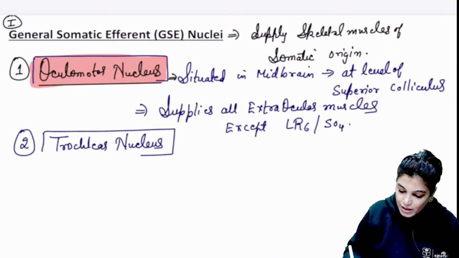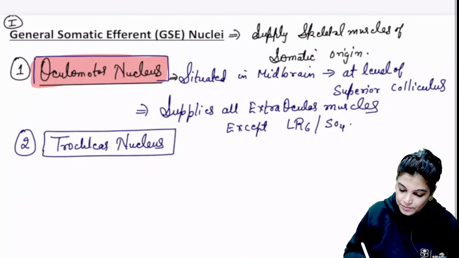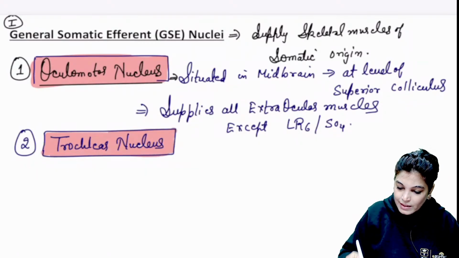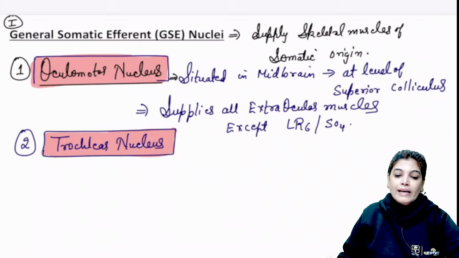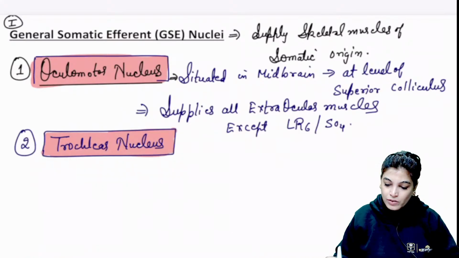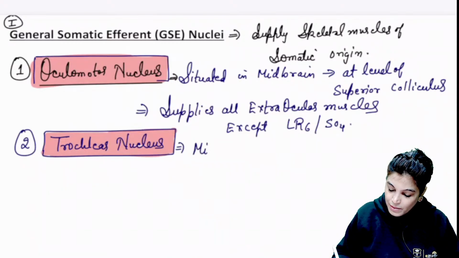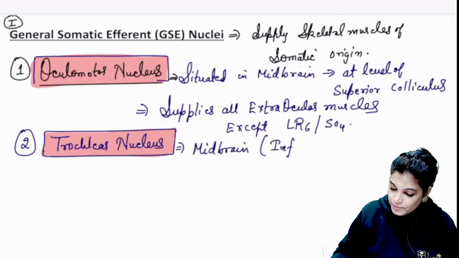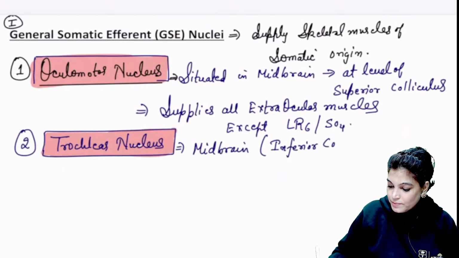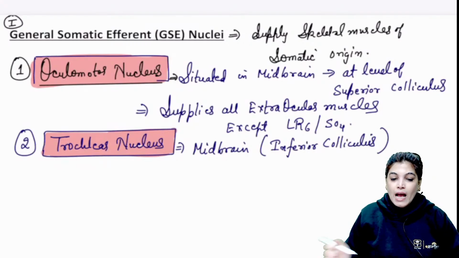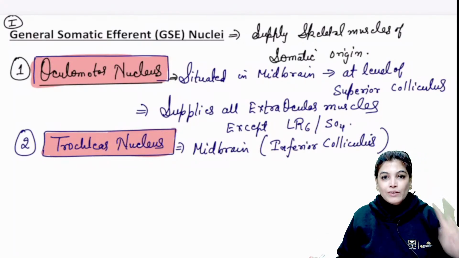When I am talking about the trochlear nucleus, it is also located in the midbrain, situated at the level of the inferior colliculus. And it supplies only one muscle.